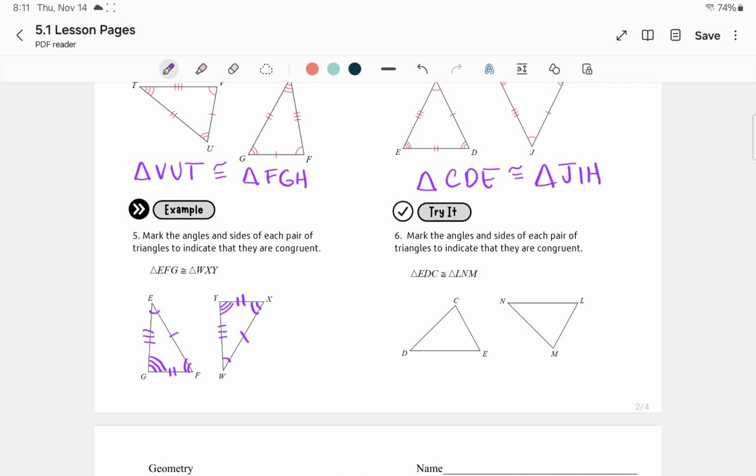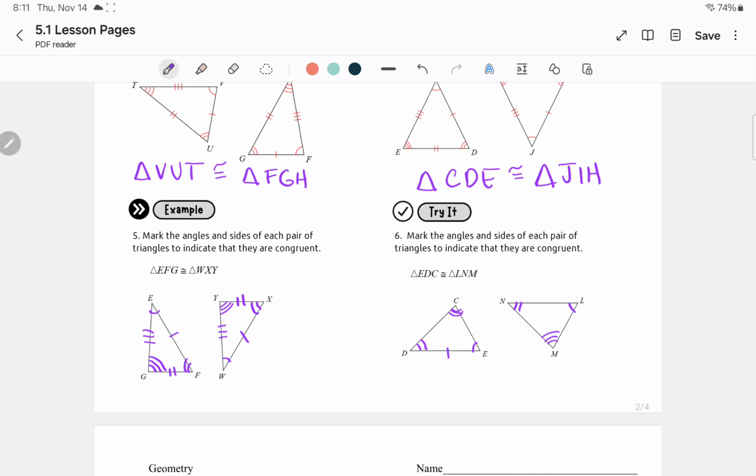All right, for number 6, we're going to start with EDC, this triangle. So E is 1, D has 2, C has 3, L is going to have 1, N is going to have 2, M is going to have 3. Again, I'm just going to go in order of the letters, 1 swoop, 2 swoops, 3 swoops. And now for the sides, I'm going to do ED, just the first 2 letters.